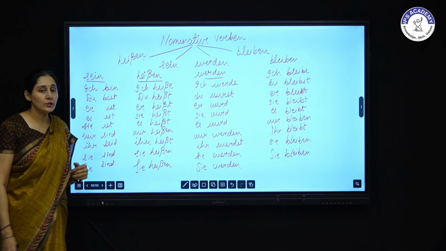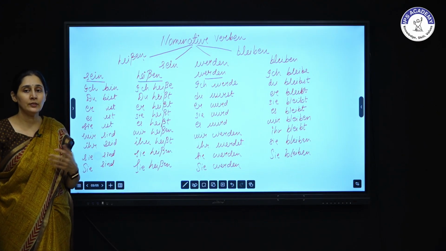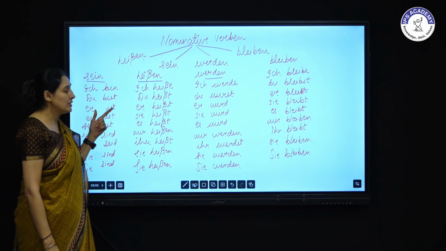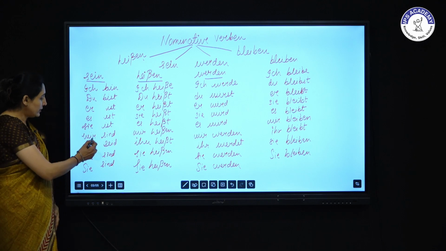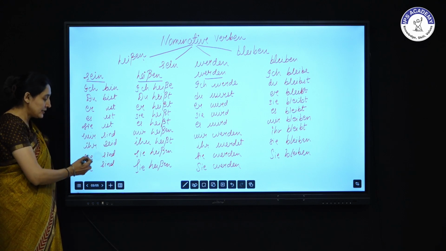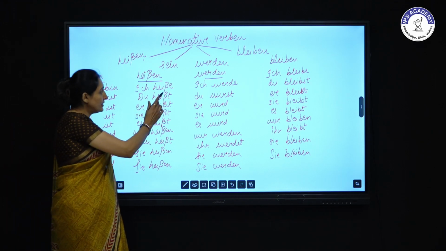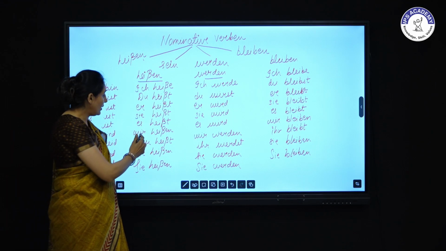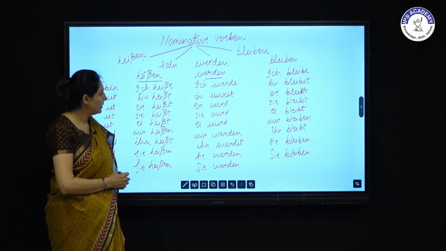When it comes to the conjugation, das ist sehr wichtig für formulieren die Sätze. Sein: ich bin, du bist, sie, es ist, wir sind, ihr seid, sie sind. Ich heiße, du heißt, sie, es heißt, wir heißen, ihr heißt, sie heißen.